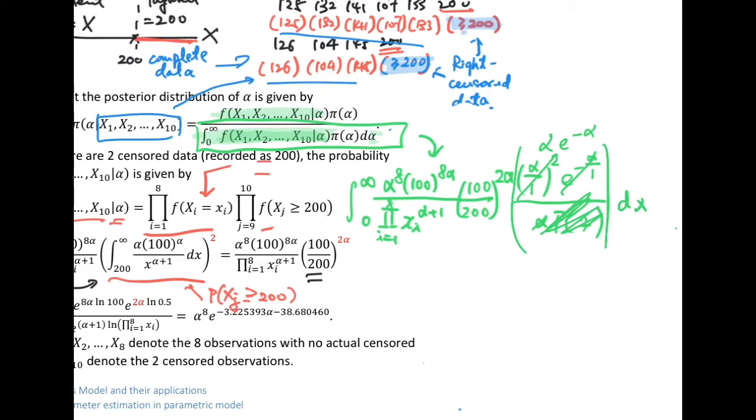But you can see this integral is very complicated. First of all, it involves alpha to the power of something, and you have exponential to the power minus alpha. If you only had these two terms involving alpha, you could get this integral by using the gamma function, right? Unfortunately, it is not just these terms involving alpha.